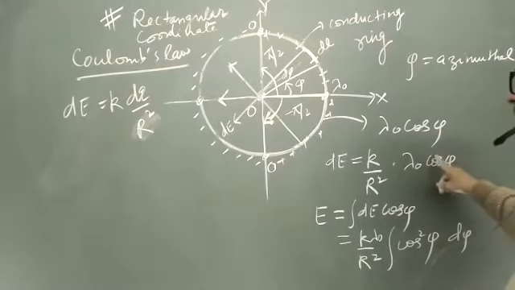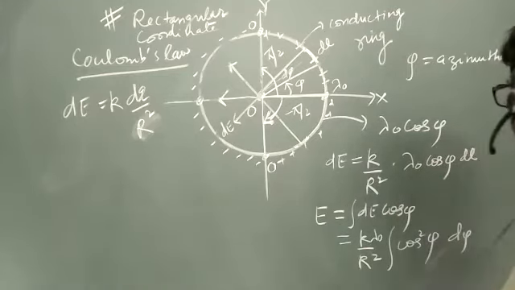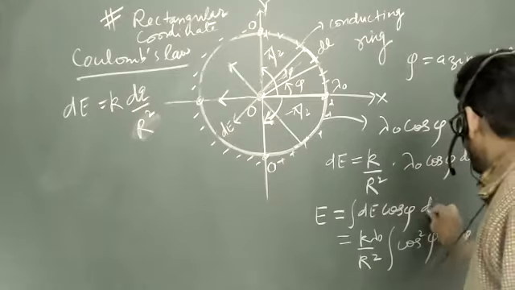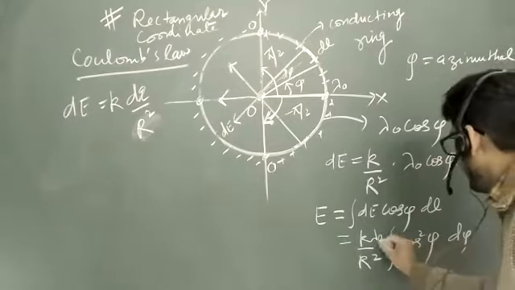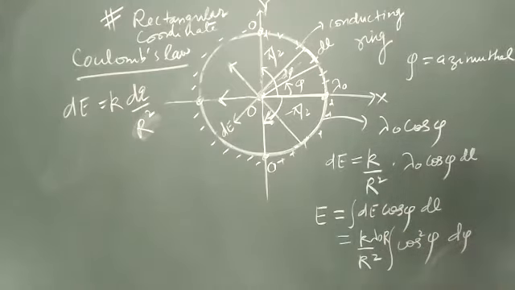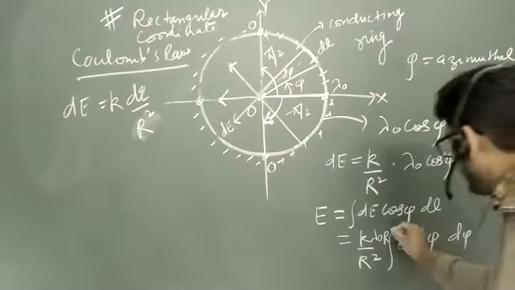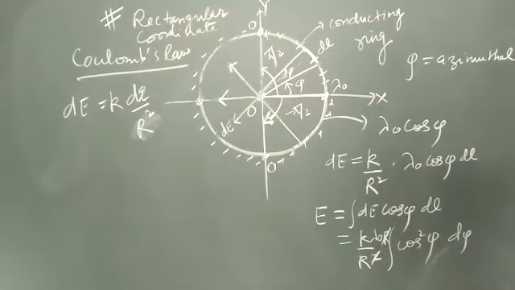So I wrote dq as lambda naught cos phi, into dl as well. Okay? So dl will be equal to R d phi. Is that okay? Yes, sir. So k lambda naught r, one r will cancel, and this is from minus pi by 2 to plus pi by 2.